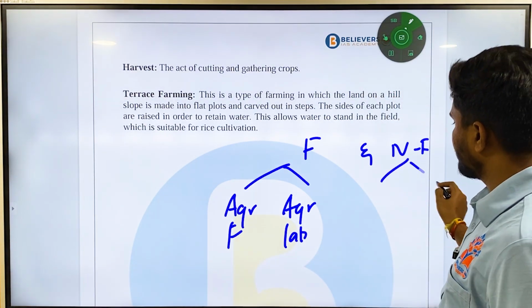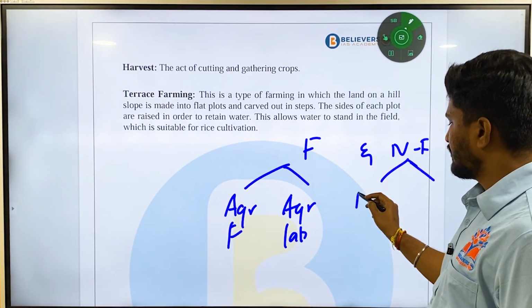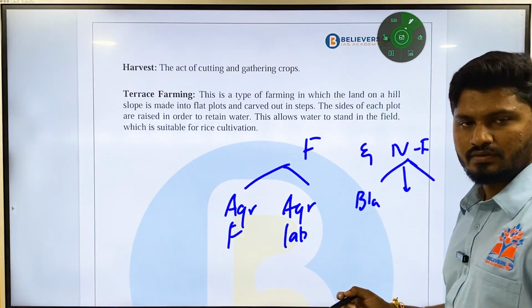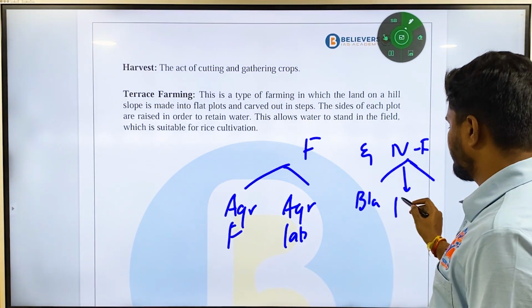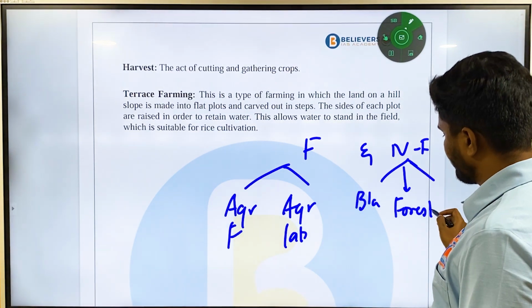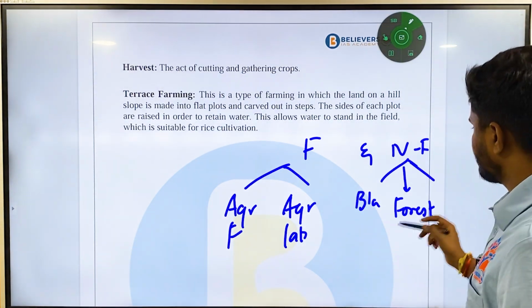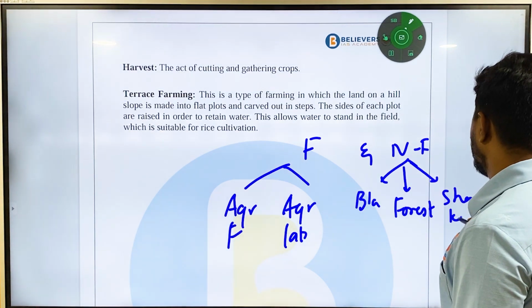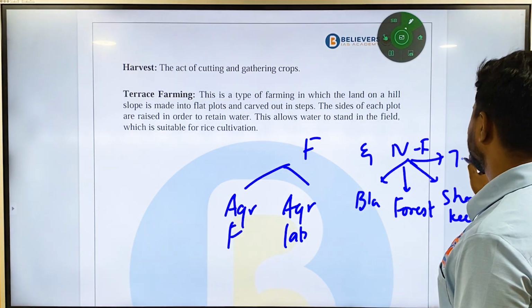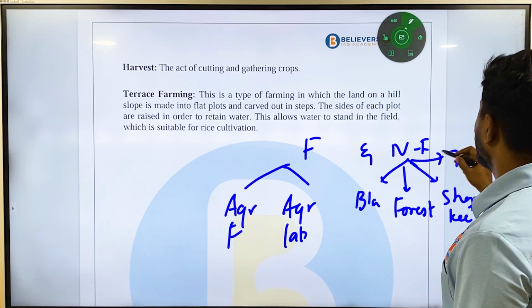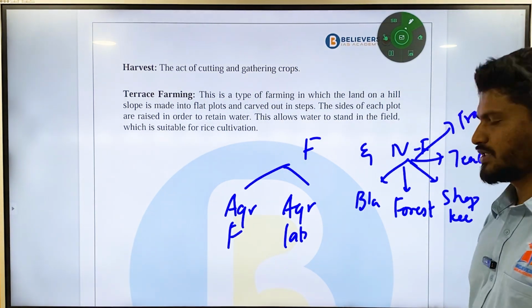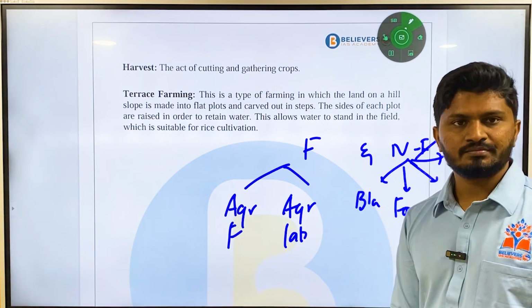In non-farming activities, people work as blacksmiths or ironsmiths, collect minor forest produce, or work as shopkeepers, teachers and traders. So these are some of the livelihoods which people belonging to villages are involved in.